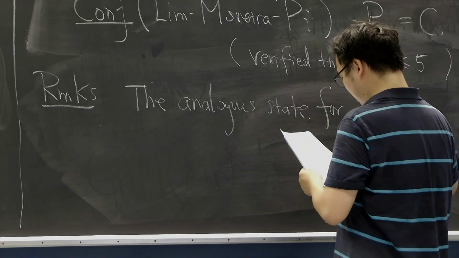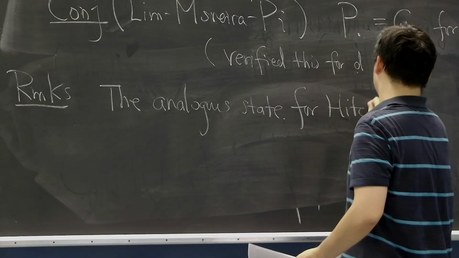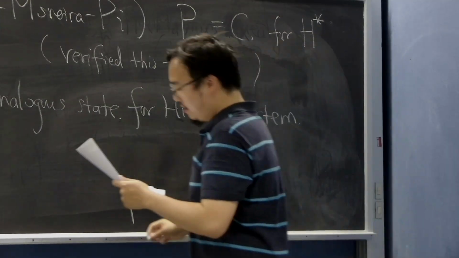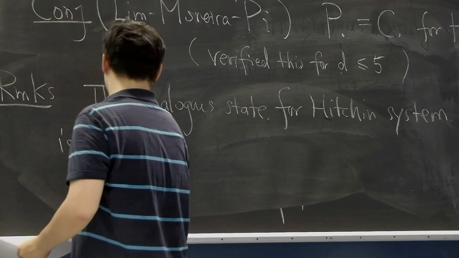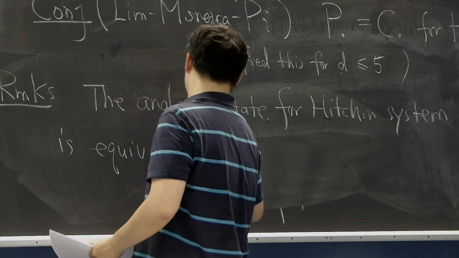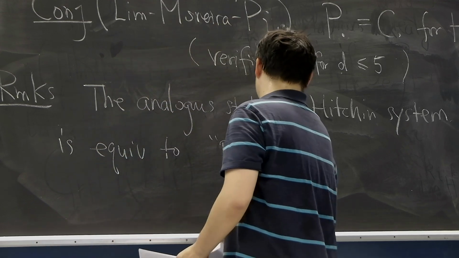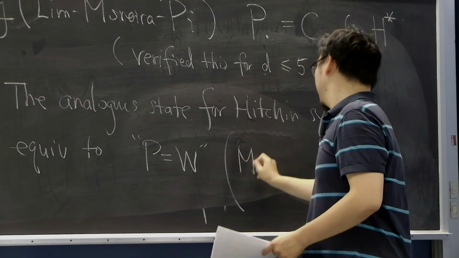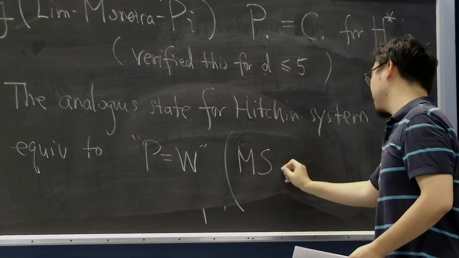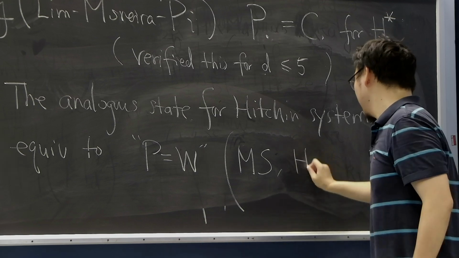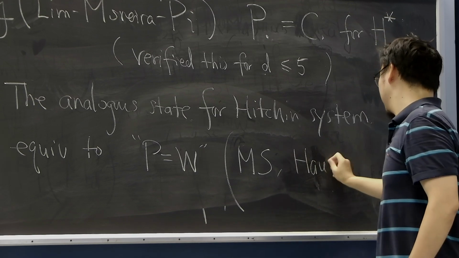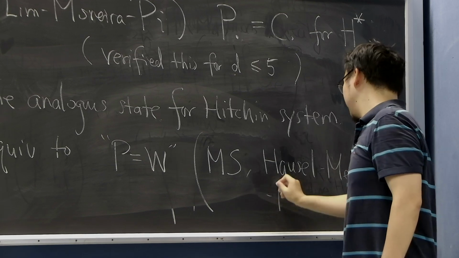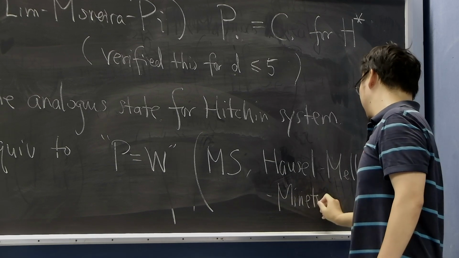This analogous statement for the Hitchin system is equivalent to the P equals W conjecture, which is now proven independently in the joint work with Davesh Maulik, Hausel, Mellit, Minets, Schiffmann.